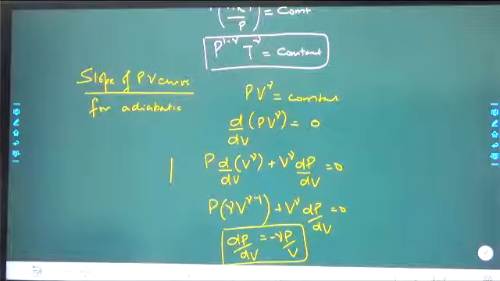So you can write that the slope of the adiabatic process is gamma times the slope of the isothermal process.